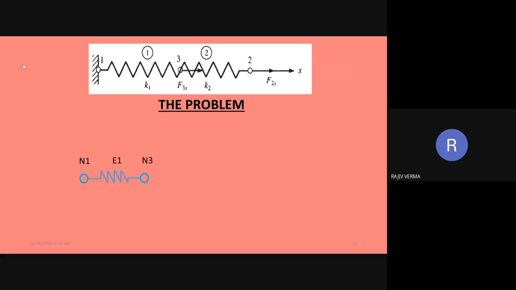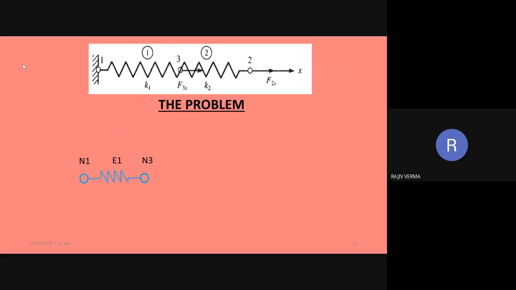For drawing the force free body diagram, we always tend to isolate the bodies or the elements, and then we depict all the forces which are acting on the section which has been isolated. So we have isolated element number 1 at the moment.